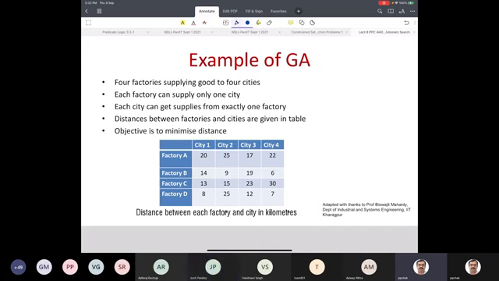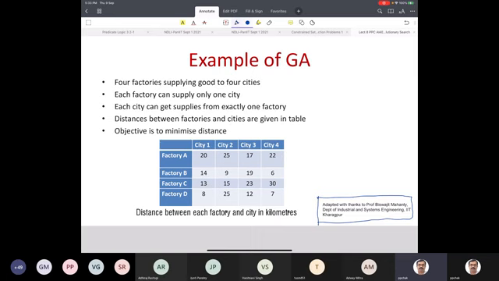Yes, sir. So now let us look at this problem. This is taken from the work of one of our own faculty members, my good friend Professor Bishwajit Mahanti, in the Industrial and Systems Engineering Department. Suppose there are 4 factories supplying goods to 4 cities. Each factory can supply to only 1 city, and each city gets supplies from exactly 1 factory.